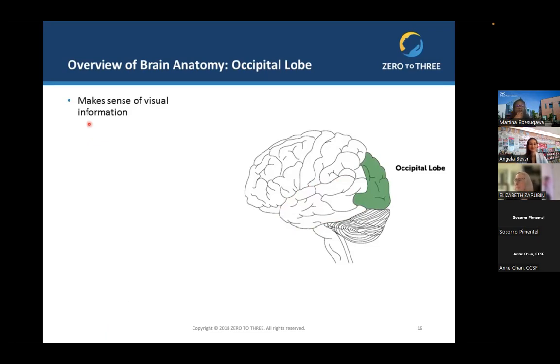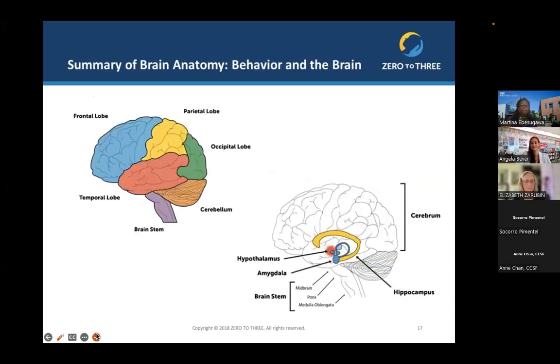And that may have challenges on children based on how their brains are processing that information, not so much their sight, not so much their vision, what they can see, but how that information gets processed. And so again, we want to be thinking about that when we're developing our environments. And we're going to be talking about how environment affects behavior a little bit later.